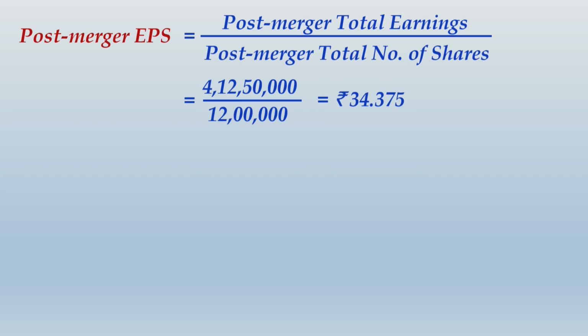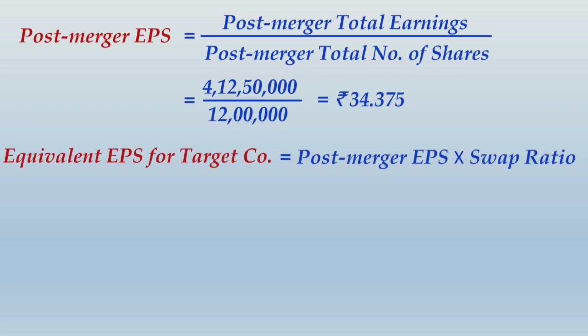The question has also demanded the equivalent EPS for shareholders of target company, and we have been doing this calculation quite a lot of times. It will be post-merger EPS, that is this, multiplied by the swap ratio, and the effective swap ratio we have gathered over here is 1:2 or simply 1/2.